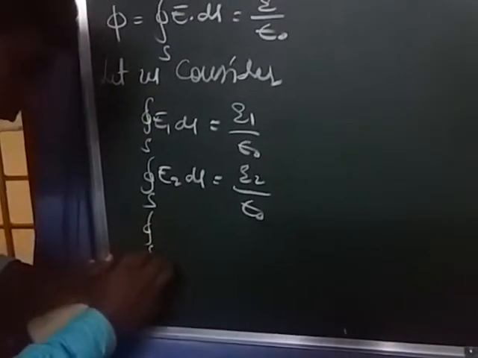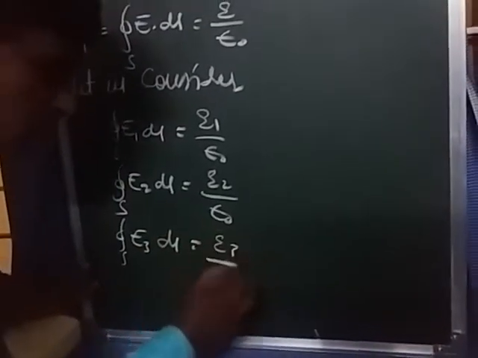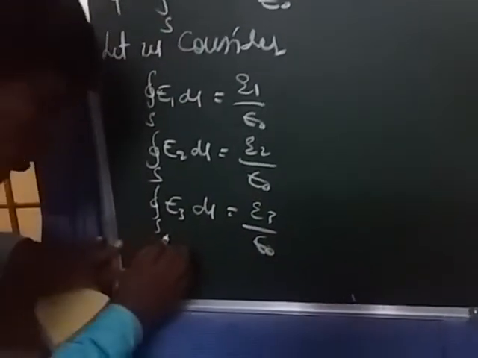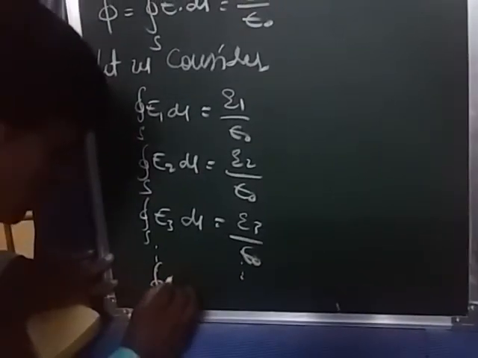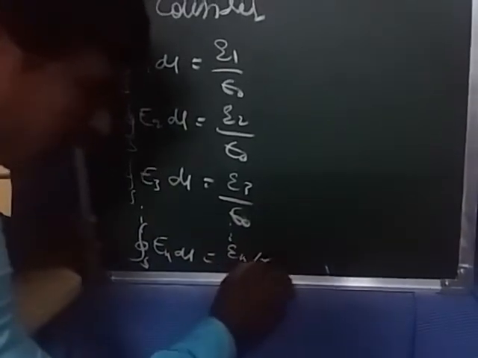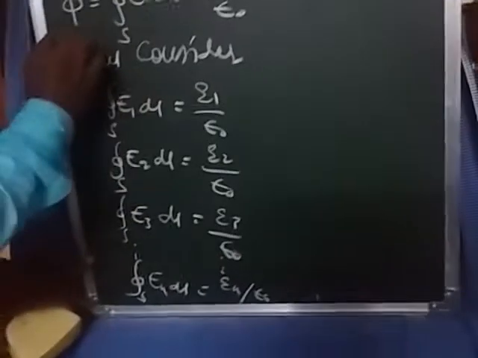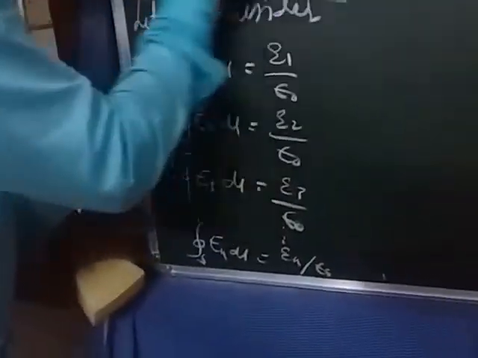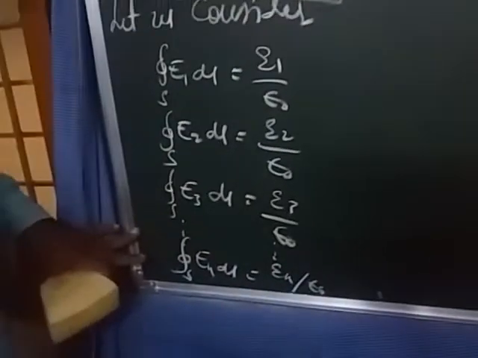Next, the surface integral over S of E3 dS is equal to q3 by epsilon naught, and so on, up to the surface integral over S of En dS equal to qn by epsilon naught. We have to substitute these values into the above equation. This is equation 1.